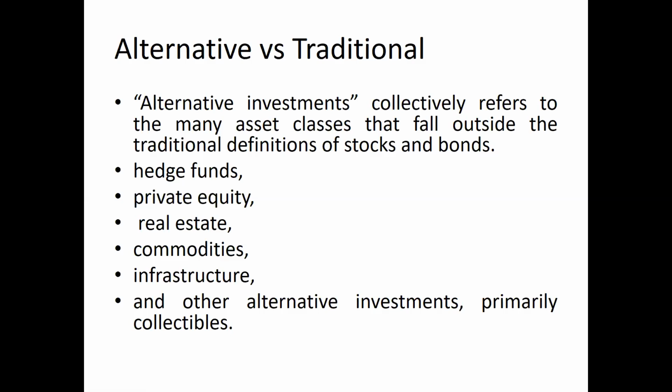These terminologies are different. Traditional investments mean that you make investments in financial instruments like stocks, bonds, derivative contracts, and so on. But alternative investments are done through hedge funds and mutual funds.